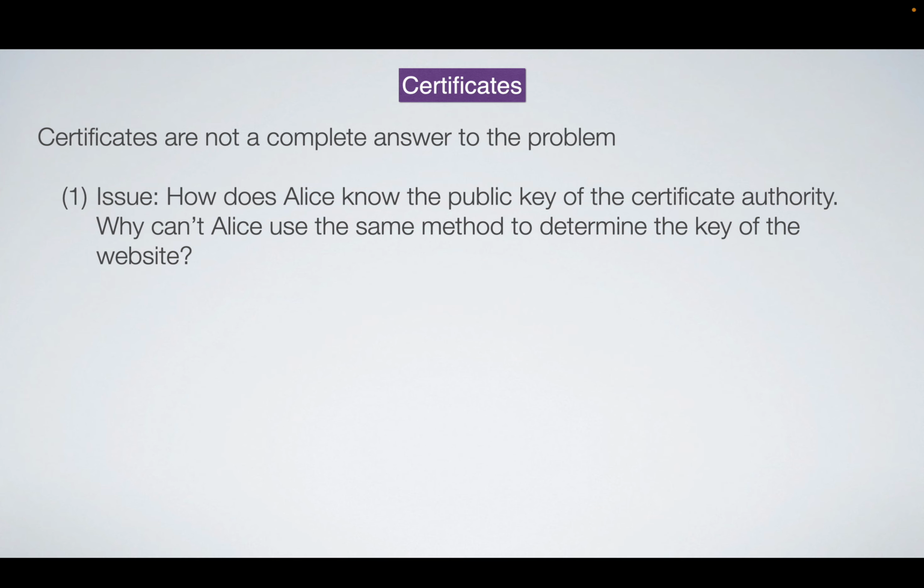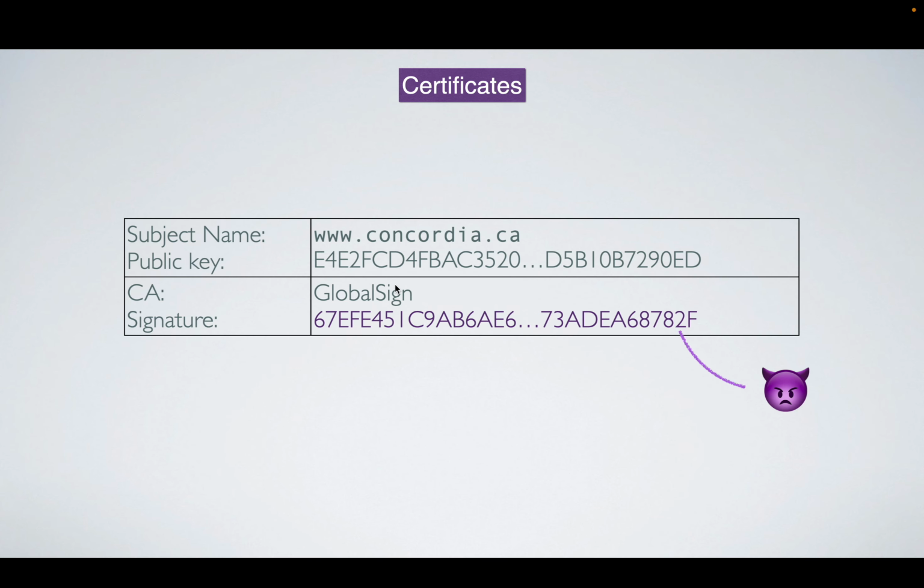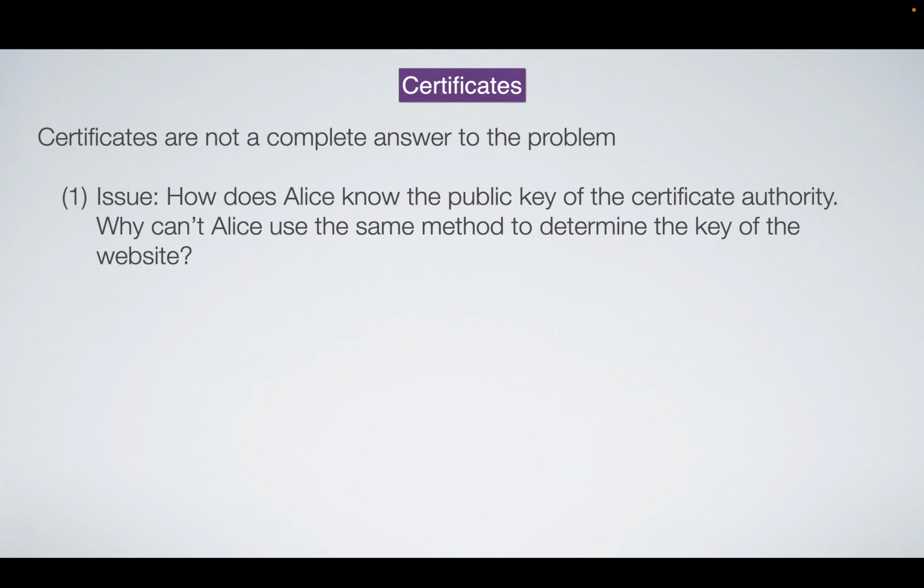If there are preloads and things like that, why can't we just preload Concordia? Then we don't even need a certificate authority. So many websites, and you have to load every domain. Okay, we'll get there. So that's the first question.